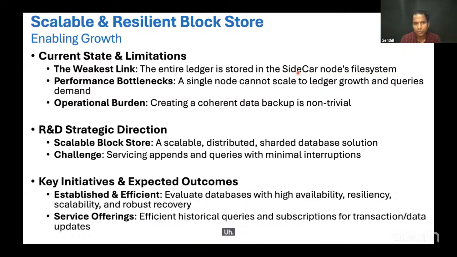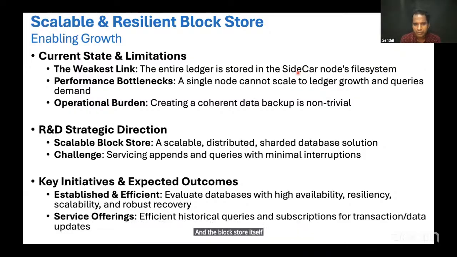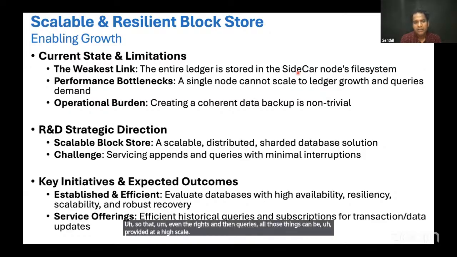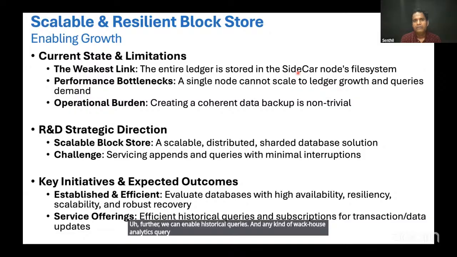bottleneck on those nodes. So that's why we would like to work on a solution where the block store itself is distributed, so that even the writes and queries can be provided at a high scale. Further, we can enable historical queries and any kind of warehouse analytics query on top of this distributed block store.